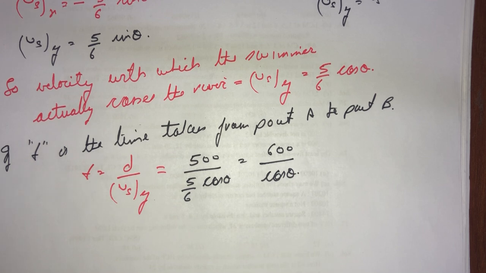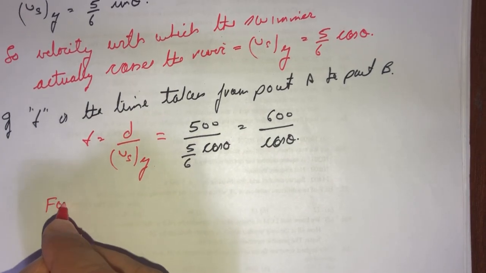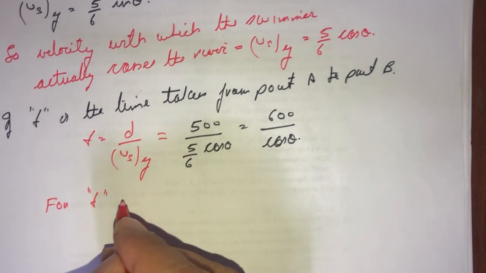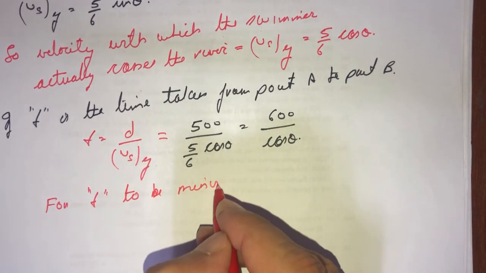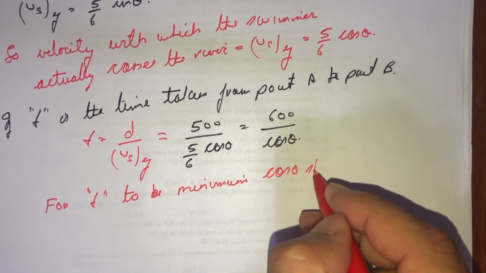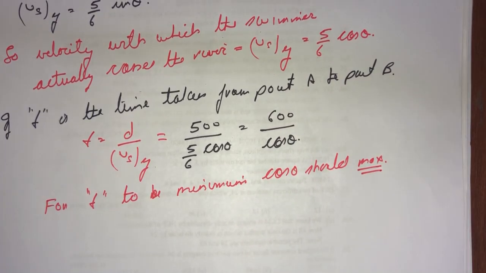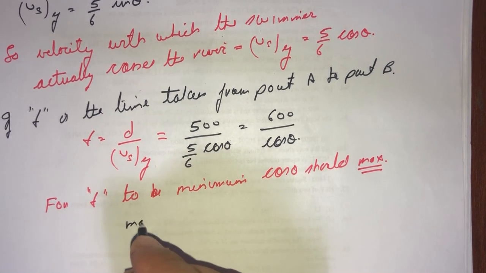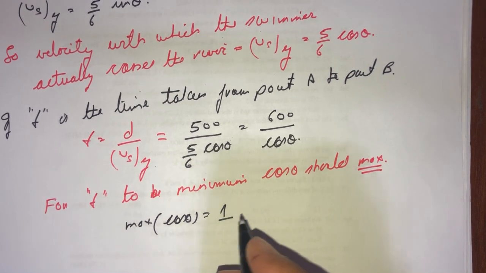Now the question is, find the time should be minimum. So for t to be minimum, cos of theta should be maximum, and we already know that the maximum value of cos of theta is equal to 1.